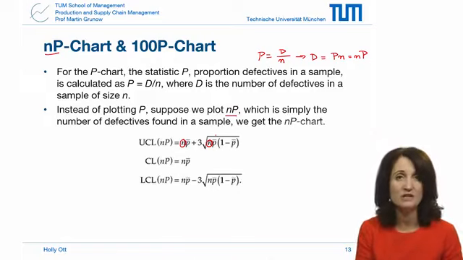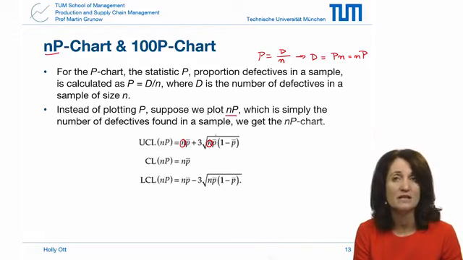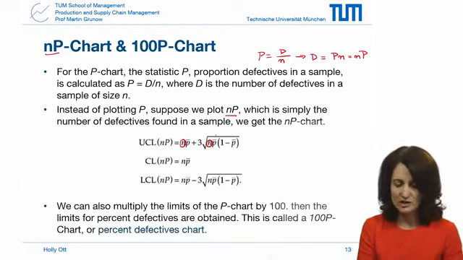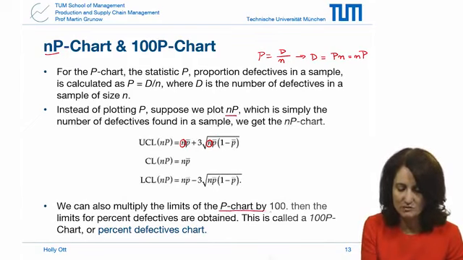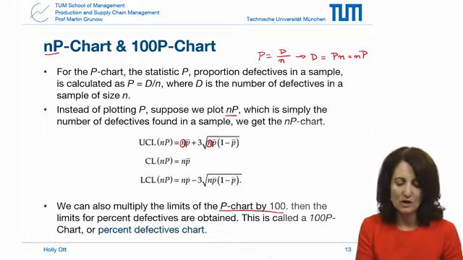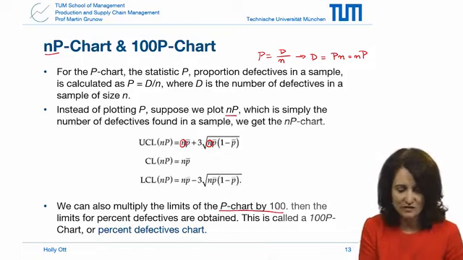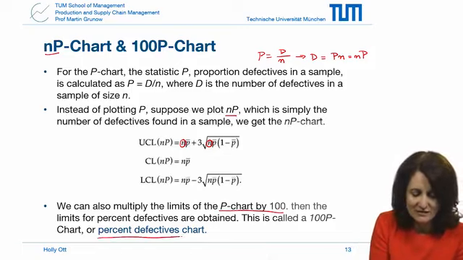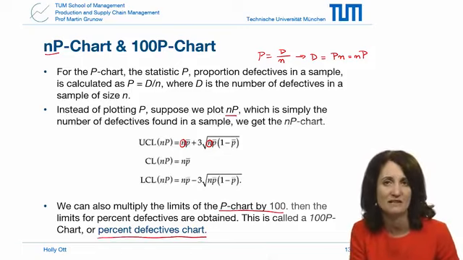It's called an NP chart, and it means that you are actually plotting the number of defectives. The other thing you can do is to multiply the limits for the p chart by 100. Then, instead of having the fraction defectives, we've got the percent defectives chart.